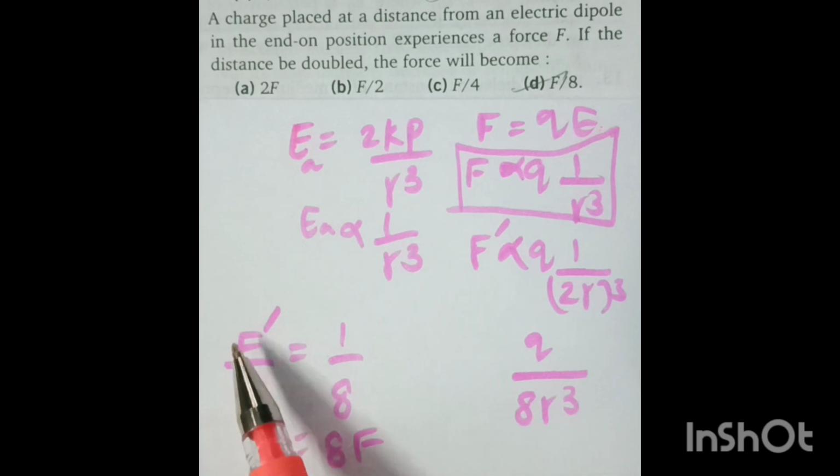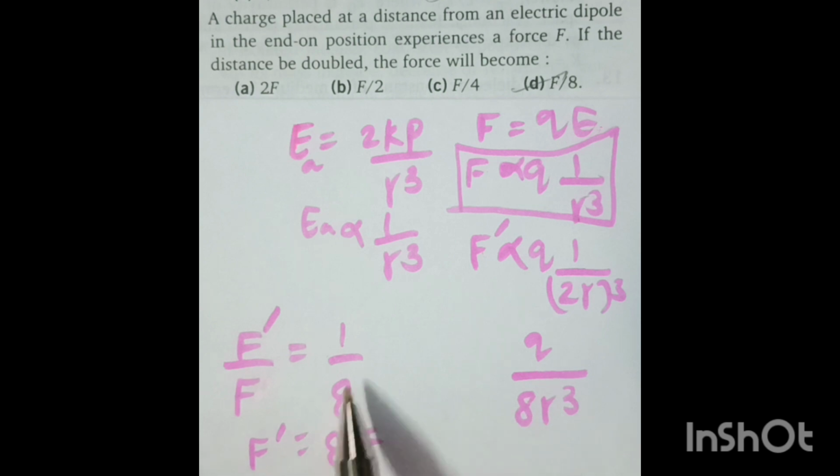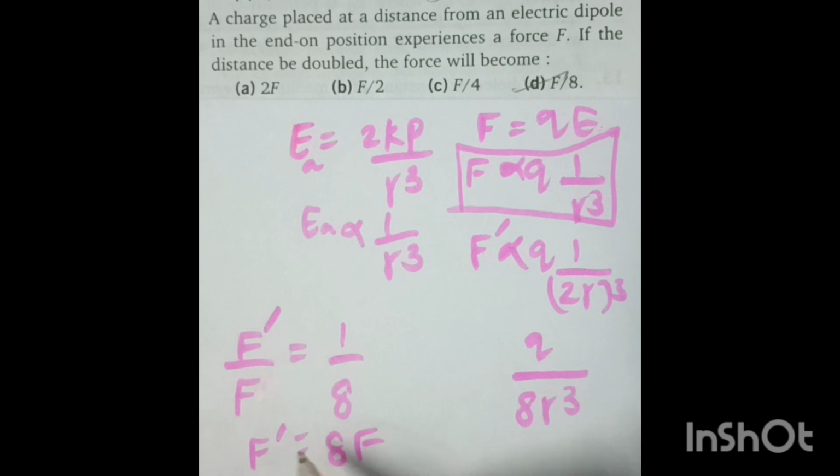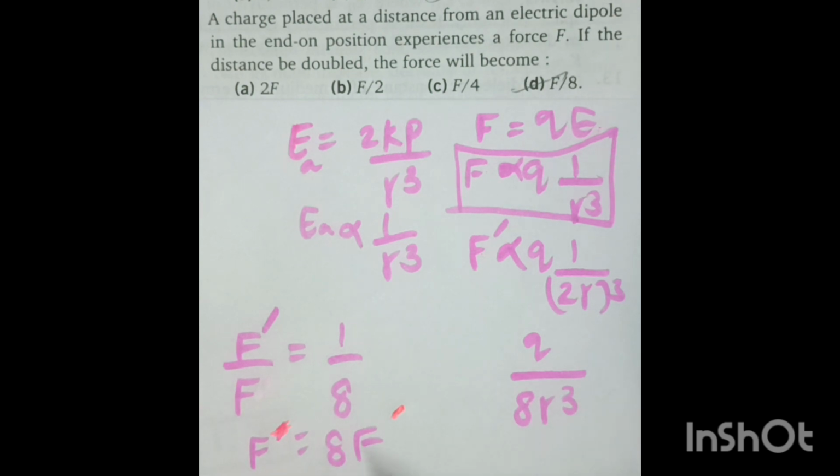Now let us divide F dash by F. Sorry, I have made a mistake. F is equal to 8 into F dash. So F dash will be equal to F by 8. So the answer is option D.